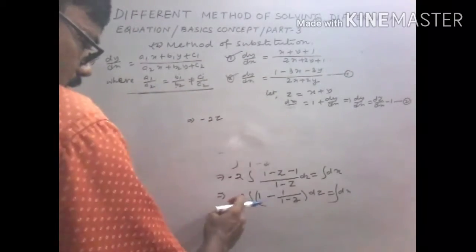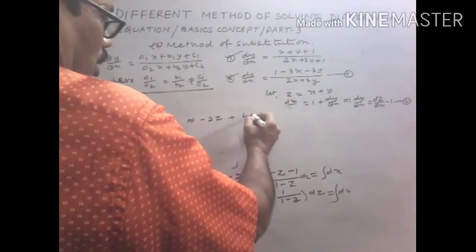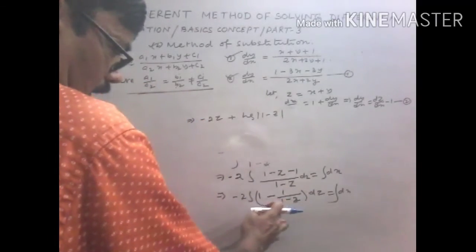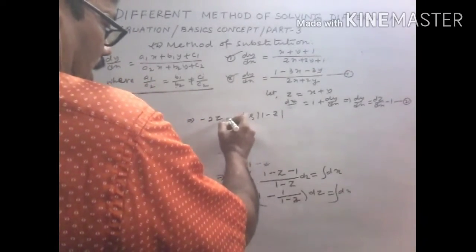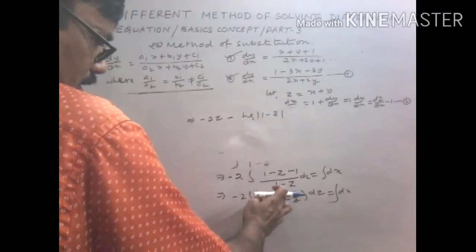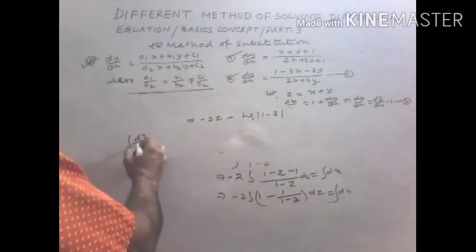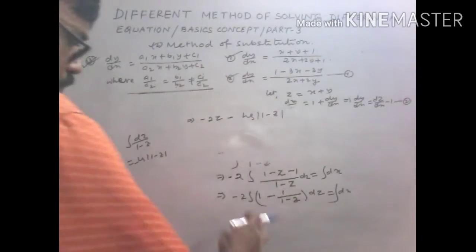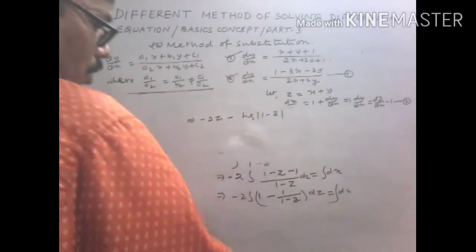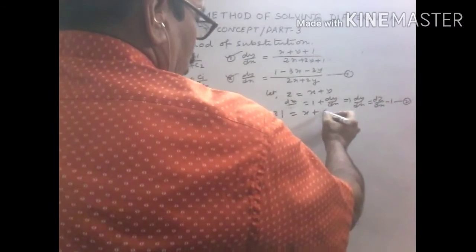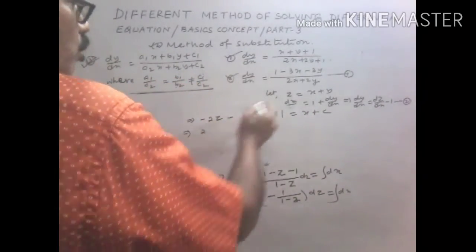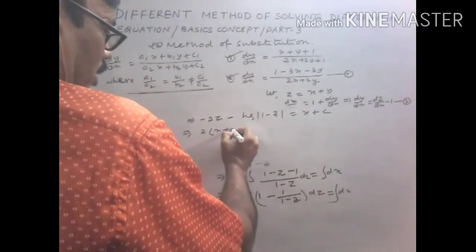So minus 2z plus log(1 minus z). This is plus, but because of 1 minus z, you get a negative sign. So dz by (1 minus z) gives log(1 minus z) with a negative sign. But minus minus is plus. So equals x plus c. So 2z, and what is z? x plus y.